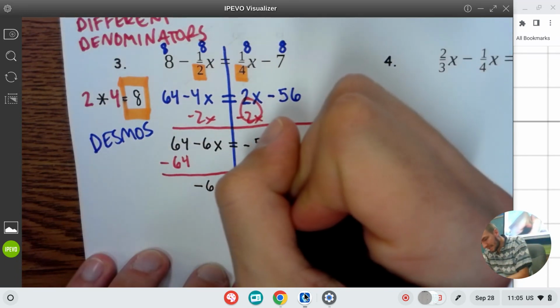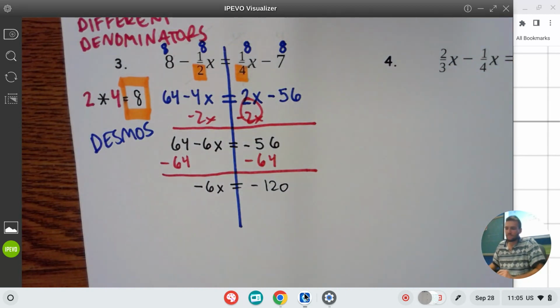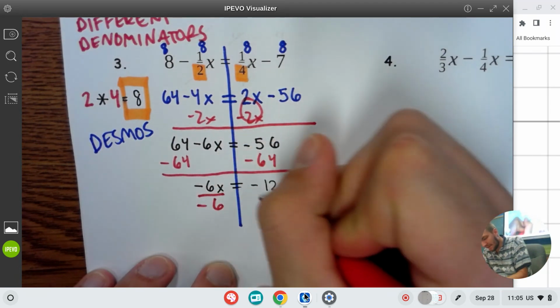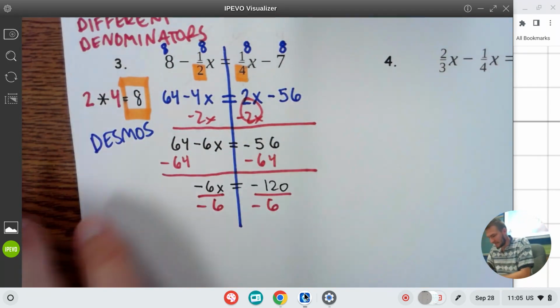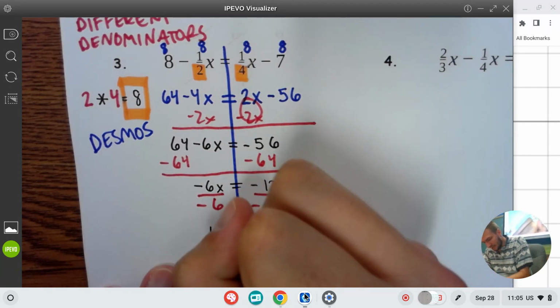Negative 6x equals negative 120. And we're going to finish by dividing, like always. X equals 20.